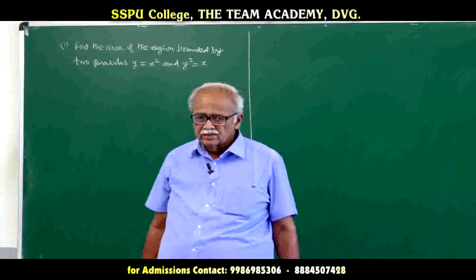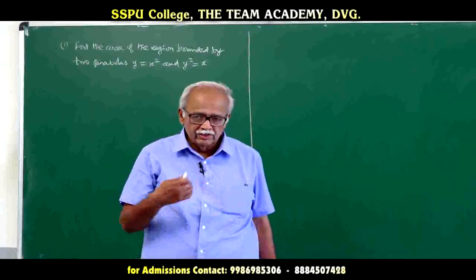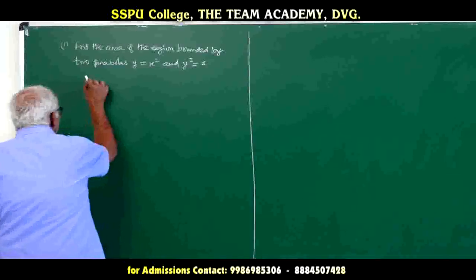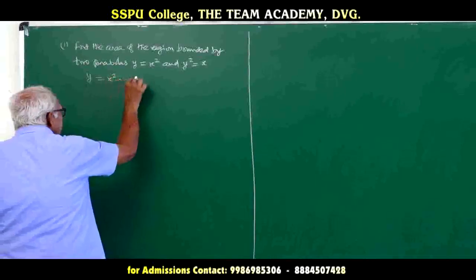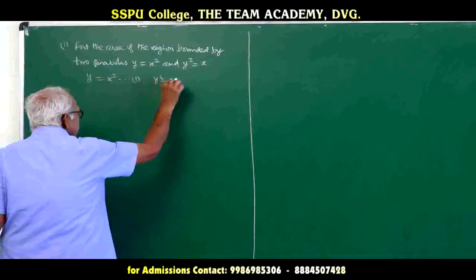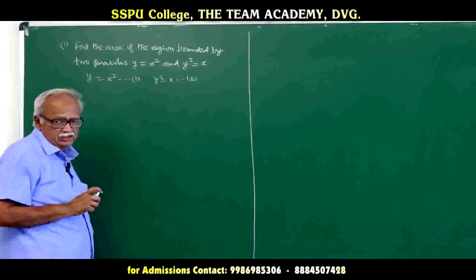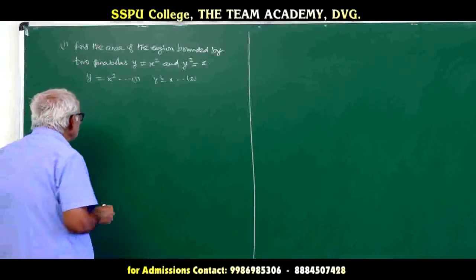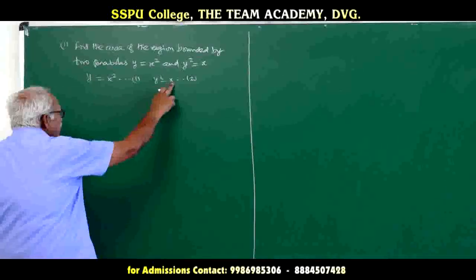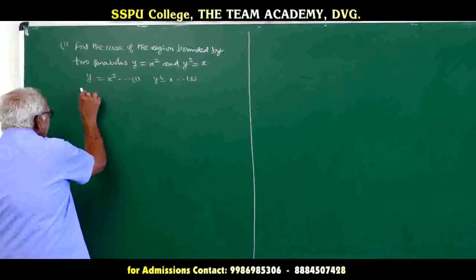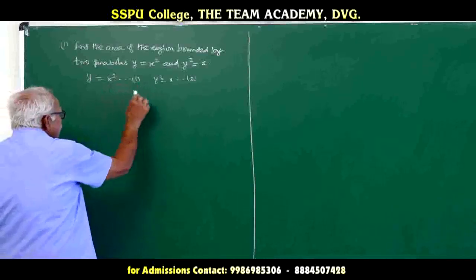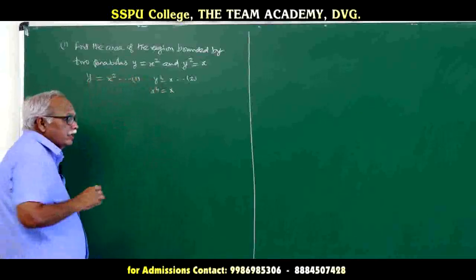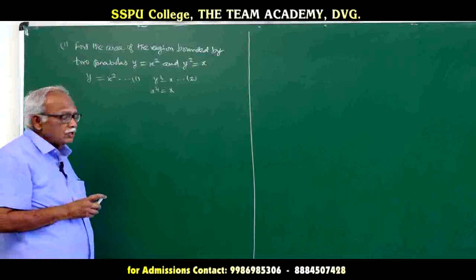Afterwards, the first thing that I have told you while doing the theory also, first find the point of intersection between these two curves. How to find the point of intersection? I am solving the two equations, y is equal to x square and y square is equal to x. Here y is equal to x square, I will put it here, so x power 4 is equal to x.